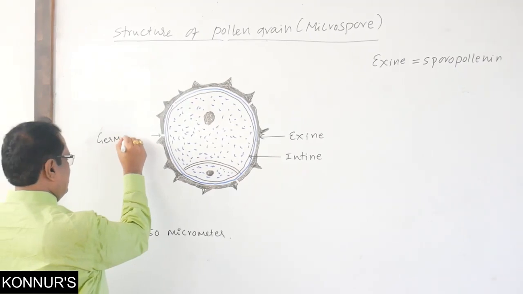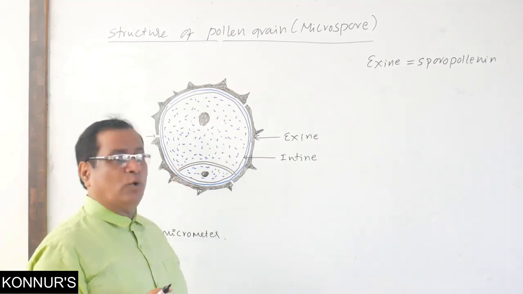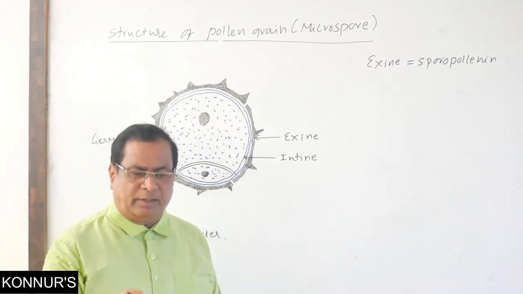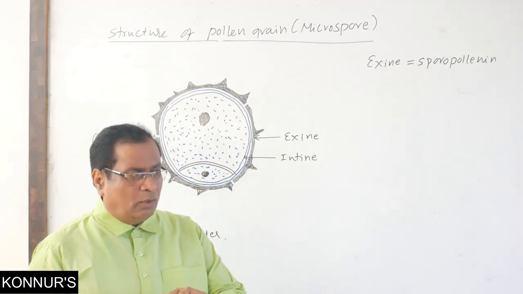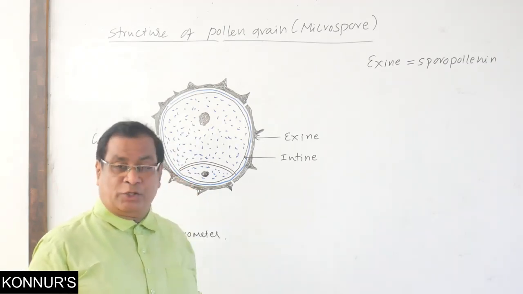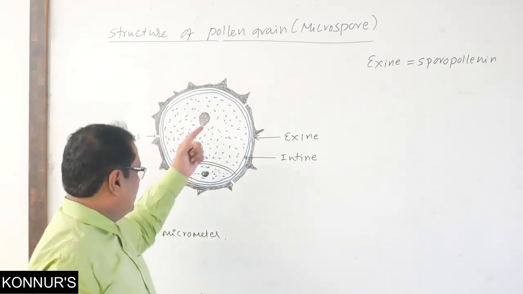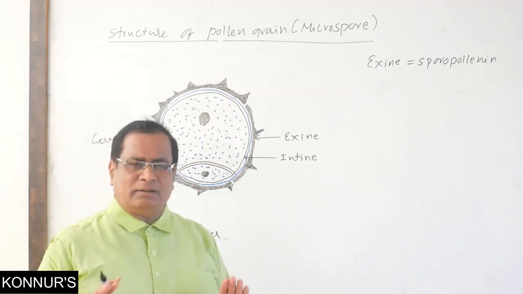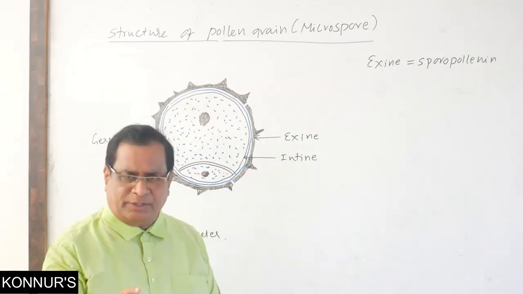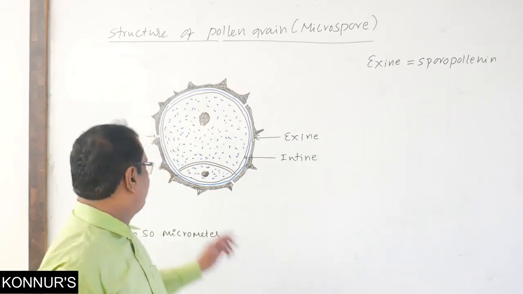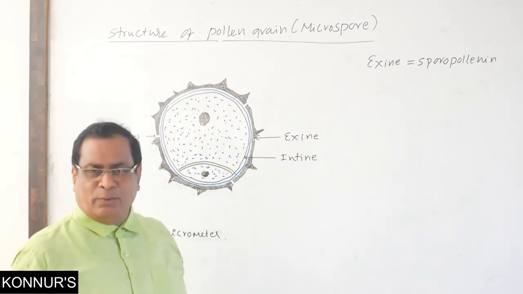Those are named germopores. When this pollen grain falls on the stigma of the carpel, the inner content comes out and becomes a pollen tube through these germopores. The exine is very hard, thick, made up of sporopollenin and resistant to temperature, acids and bases.